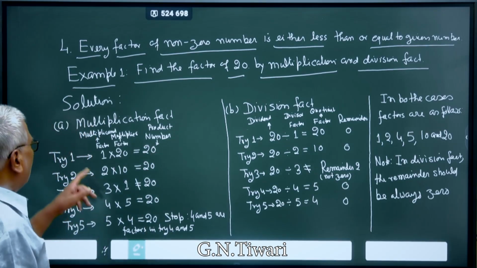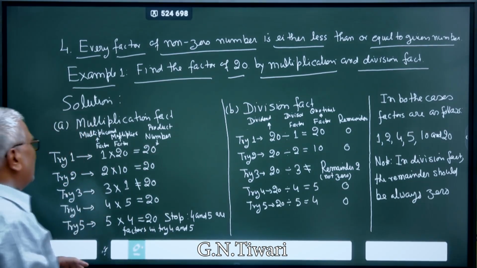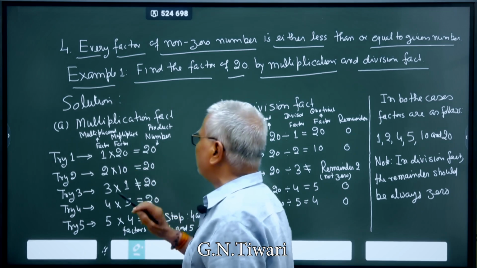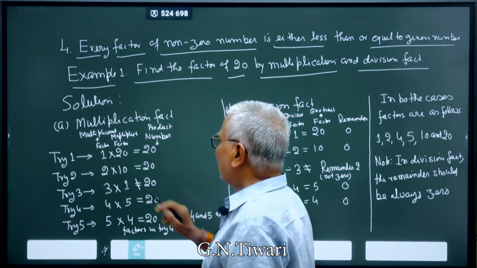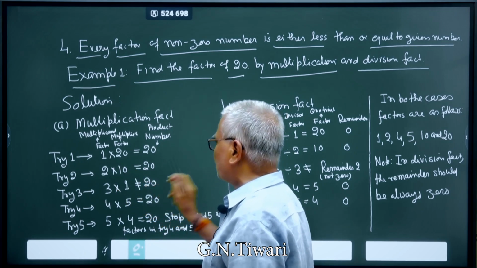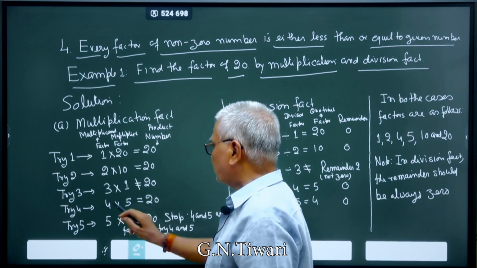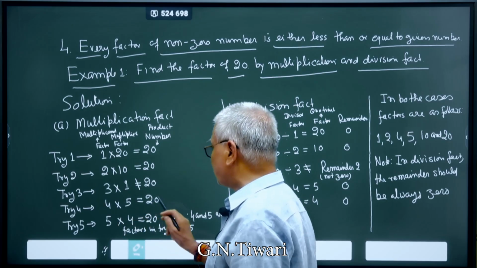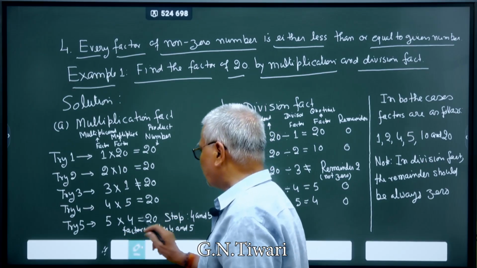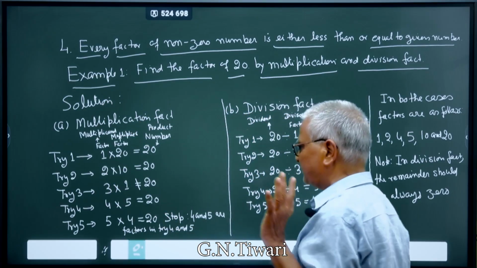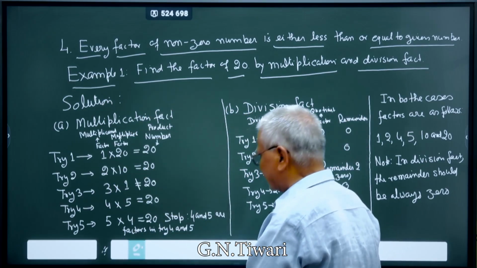Try 1: if you multiply 20 by 1, it is 20. Then 2 times 10 is 20. 3 times something is not 20. Then 4 times 5 is 20, and 5 times 4 is 20. It stops here itself; it will not go beyond that.